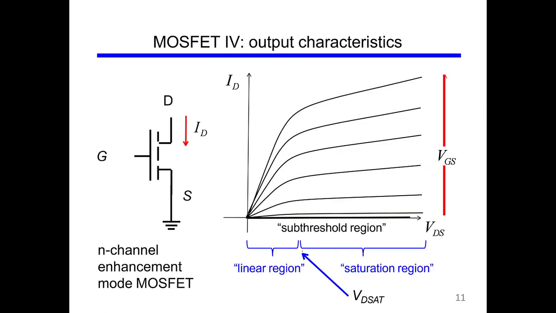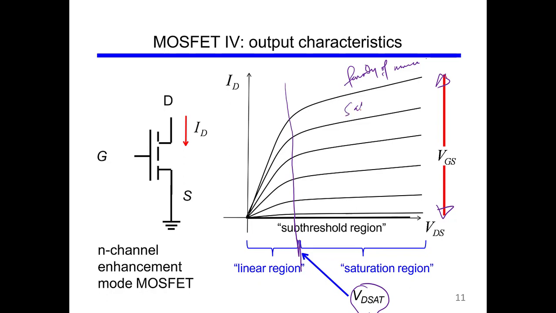Here again you see that if you change the VGS, you get this family of curves. One thing is important, that is this voltage, which is called VDSET. VDSET is the voltage below which is the linear region and above which is your saturation region.